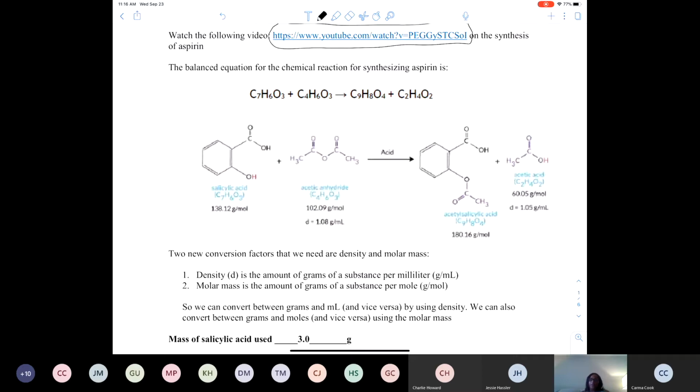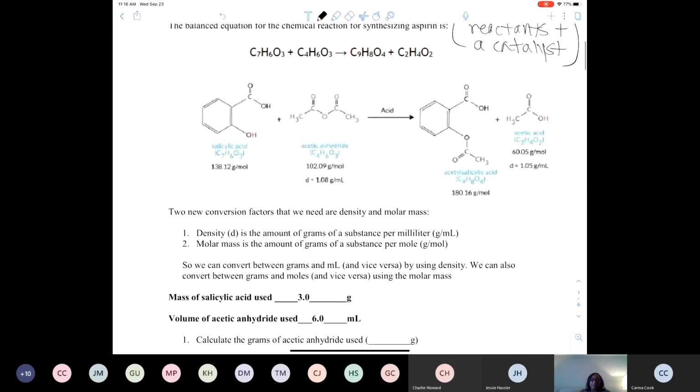And so the video shows a scientist synthesizing aspirin in the chemistry laboratory. And to synthesize aspirin, you need 2 reactants and a catalyst. And so the 2 reactants that you need are salicylic acid.